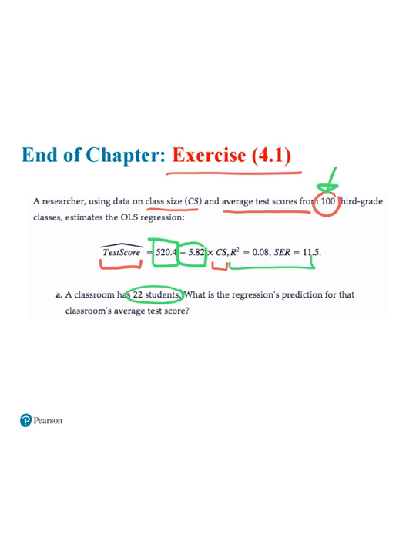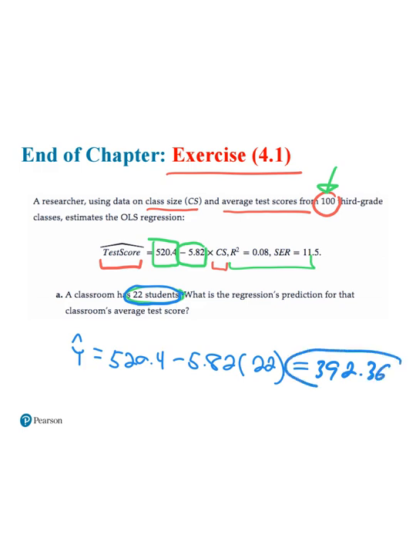So our y hat is going to be equal to 520.4, we estimated that to be the intercept, minus 5.82, and we're going to multiply that by, hypothetically, 22 students. With your handy dandy calculator, this is going to equate to 392.36. So from our estimated regression, if there happen to be 22 students in this class, this is not saying definitively the average score is going to be 392 and change, but on average, the average score will be 392.